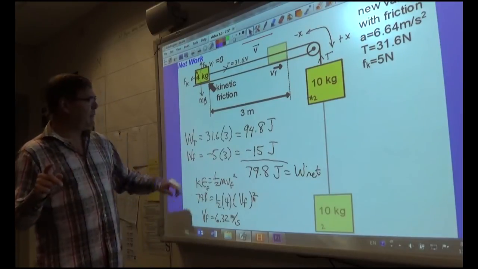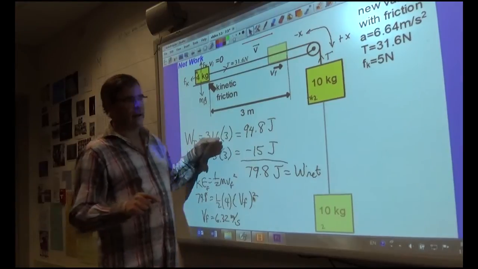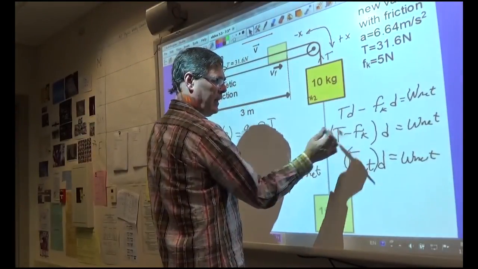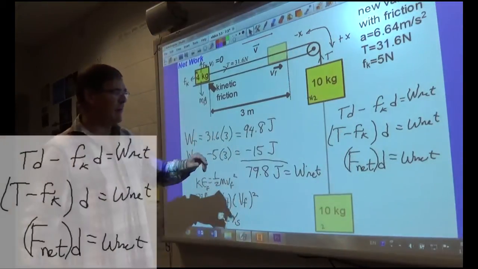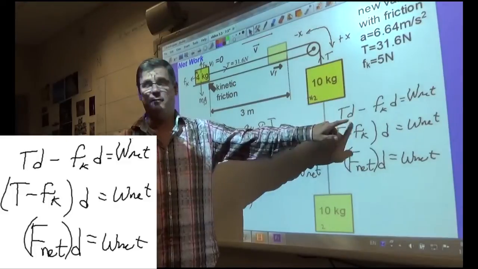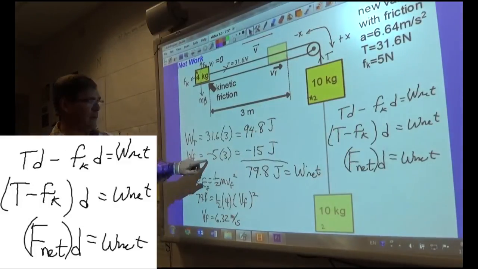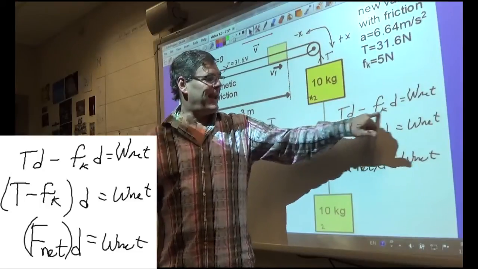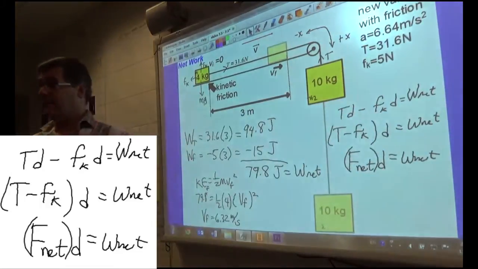Let me point out over here, if I write these equations algebraically, the work done by the tension is tension times distance, and the work done by the friction is friction times the distance with the negative sign. You'll notice that I can factor out the d in that equation.